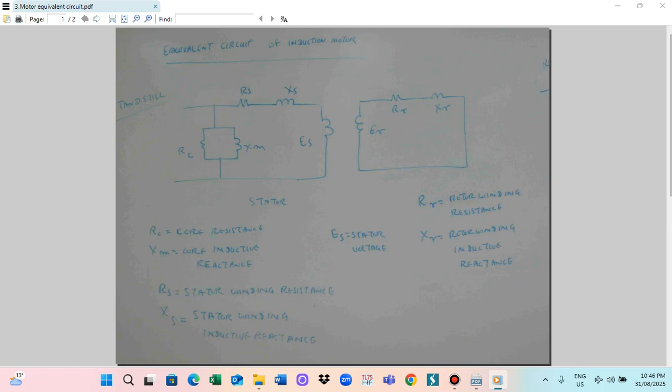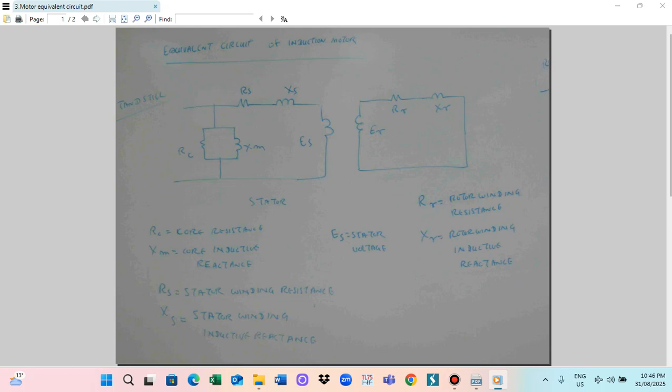And XS means that stator winding inductive reactance. So those are the typical characteristics of the stator and the rotor, and also we can calculate for the S. S means slip. So those are the information, the equivalent circuit.